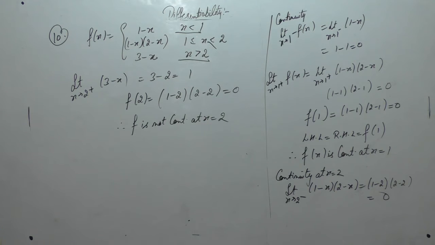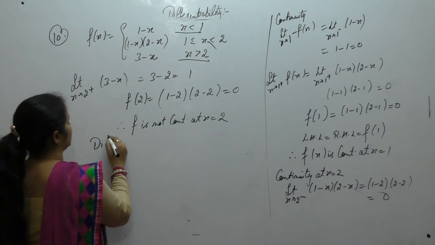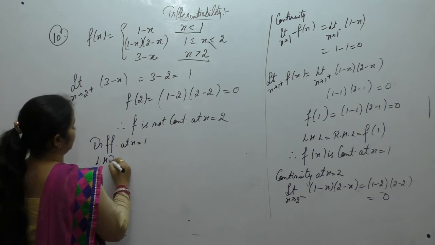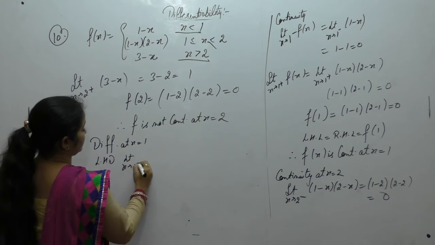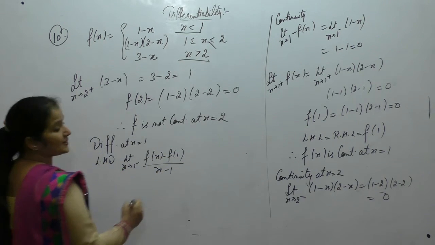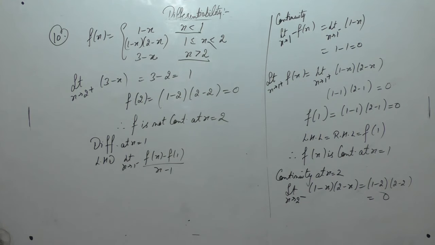Now let us check the differentiability at x is equal to 1. Left hand derivative: limit x tends to 1 negative, f of x minus f of 1 upon x minus 1.